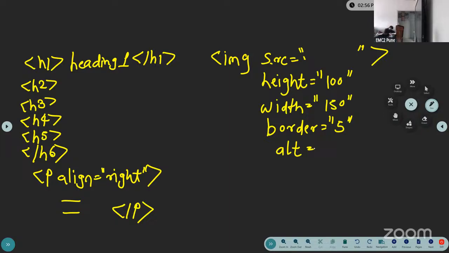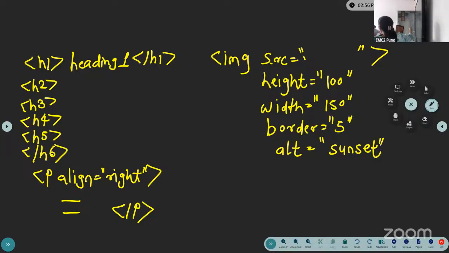Sometimes images take time to load on your web page, so at that time we can mention the alternate text. Please mention it nearby. For example, the image I want to show is a sunset. So these are the attributes of the image tag.